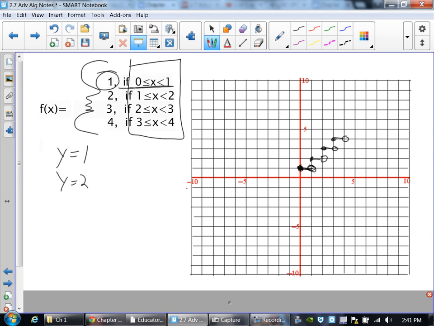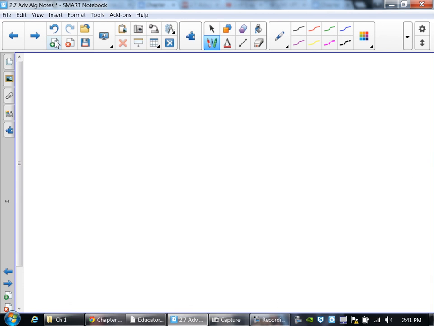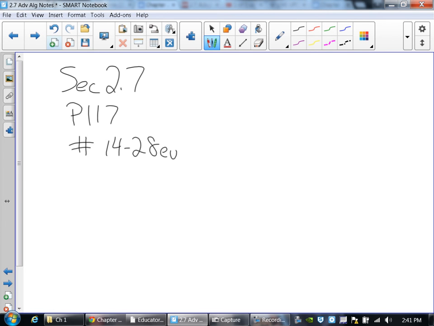Let me give you, I think I got like 8 or 9 problems for you to try tonight. It is section 2.7, obviously. Page 117, numbers 14 through 28 evens, and then 38 to 40. The 14 through 28, you got 4 problems there that are the f of x, g of x, what is f of 6, what is g of 7, that kind of thing.